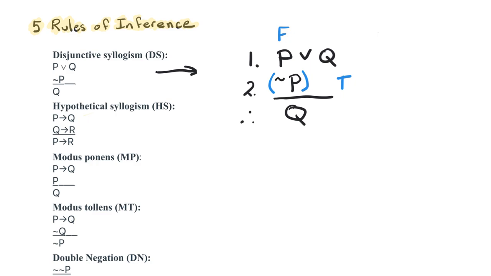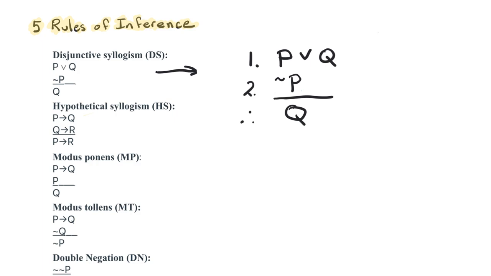But we know that for a disjunction, for that to be true, we need at least one side of the disjunct to be true. So knowing that P is false, we therefore know that Q must be true. And that's why you're never going to have a case in a disjunctive syllogism where both premises are true and the conclusion false.